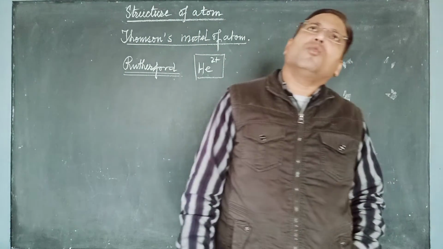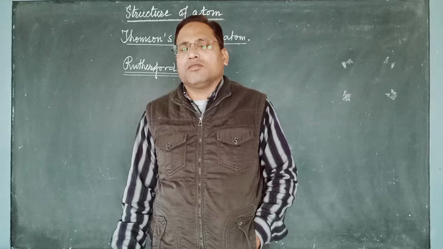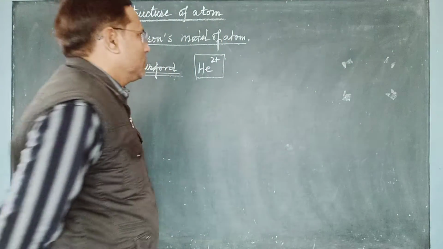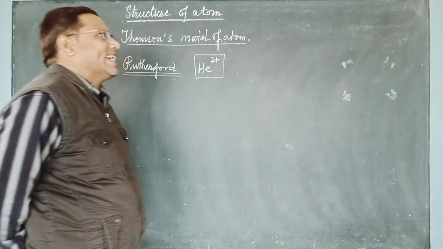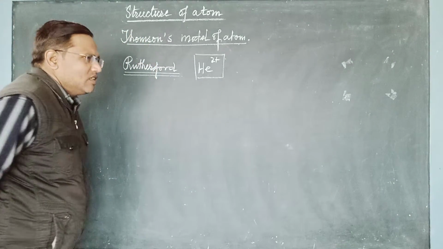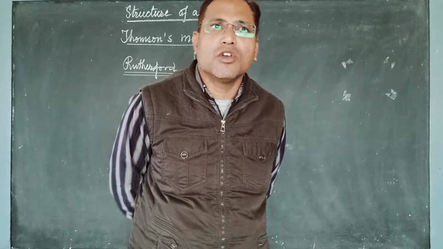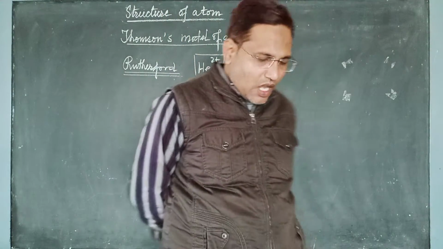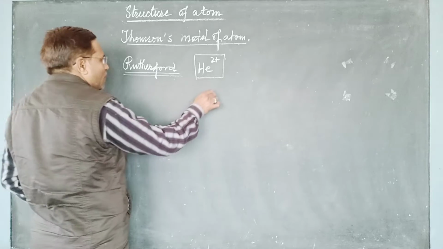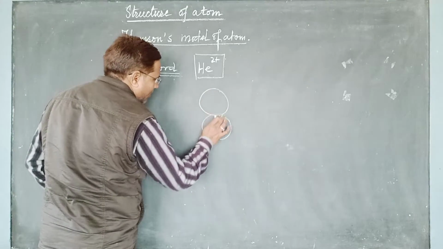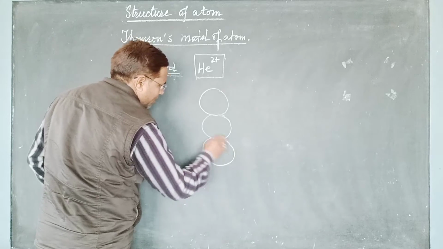Rutherford took a thin foil of gold and passed so many alpha particles through that thin foil. You can see the diagram in your book, and here also I am explaining a little bit.